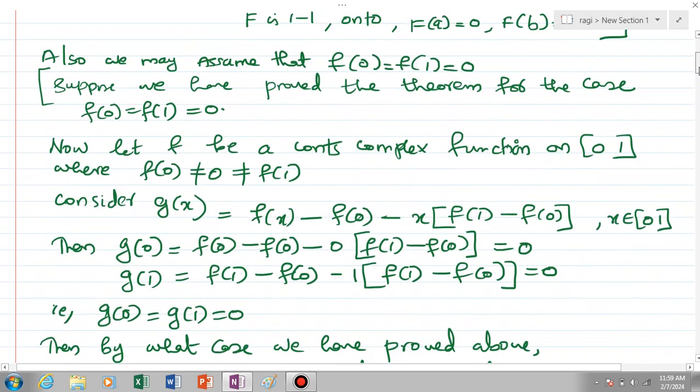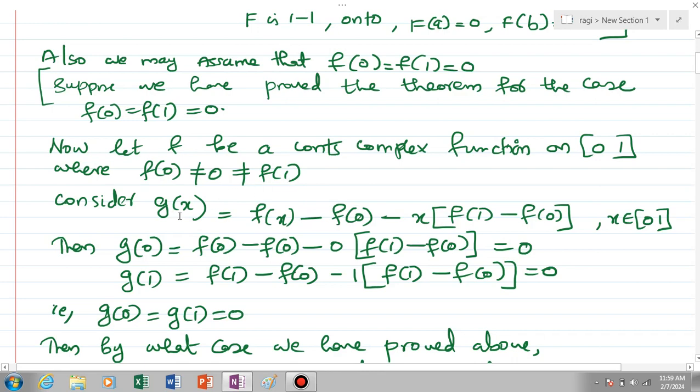If we have proven the theorem for this case, then we can prove the theorem for the general case like this. Suppose we have proved the theorem for the case f of 0 equal to f of 1 equal to 0. Now let f be a continuous complex function on closed interval [0, 1] where f of 0 is not equal to 0 and f of 1 is not equal to 0. So we are considering f as in the general case.